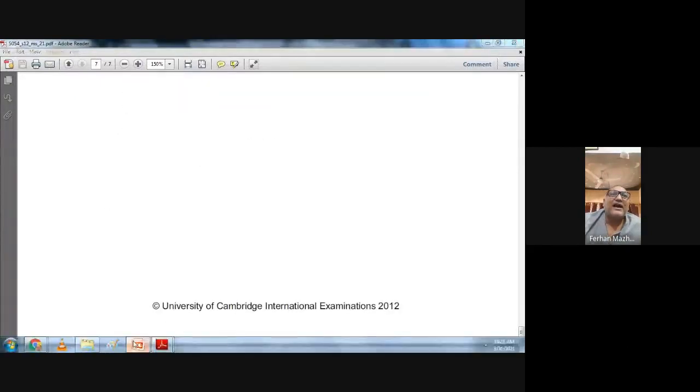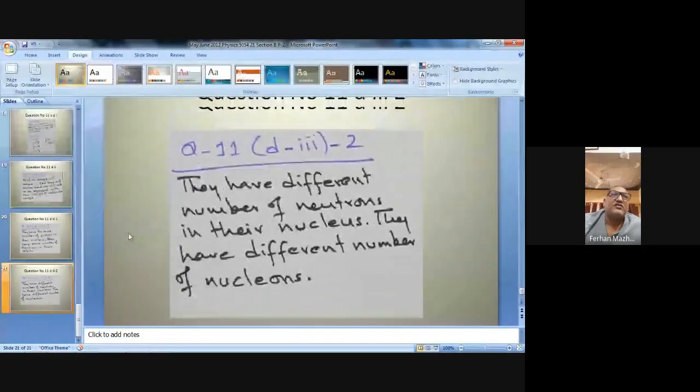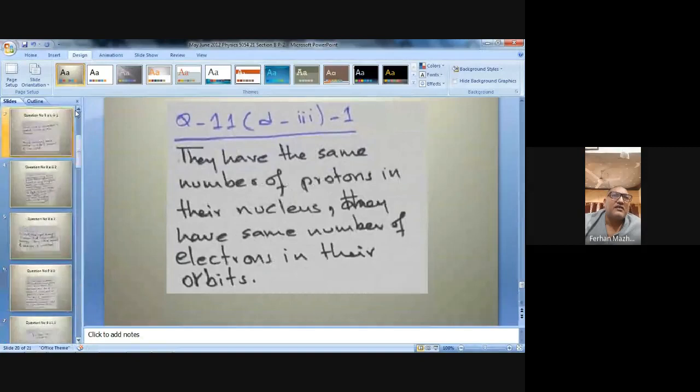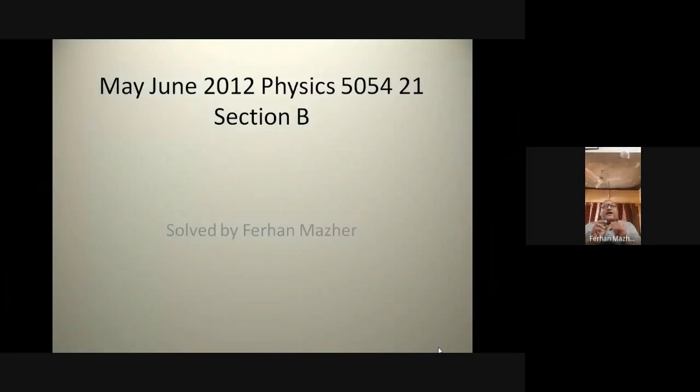So by doing this, we have reached the end. My dear students, today we have done the May/June 2012 Physics 5054/21 theory paper, which belongs to Zone 1 Variant 1.